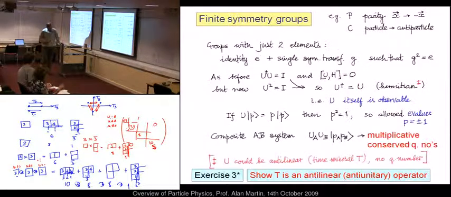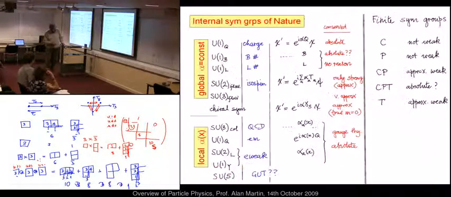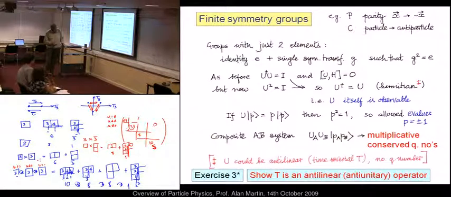If you do it on a composite system, then UA UB acting on this composite system gives multiplicative conserved quantum numbers. So these are now multiplicatively conserved.